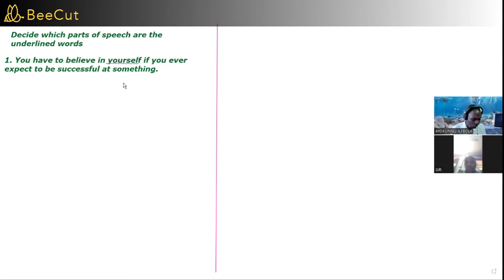That's a pronoun. So I think I'm going to put this up here so that I can denote it as a pronoun for you. So the underlined word has the pronoun. So yourself is an example of what part of speech?